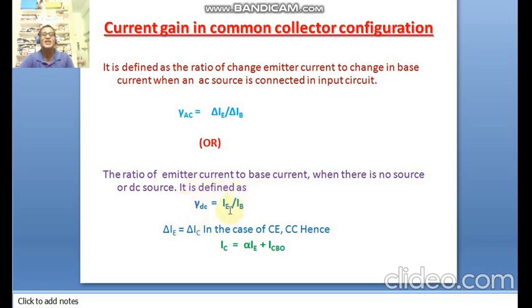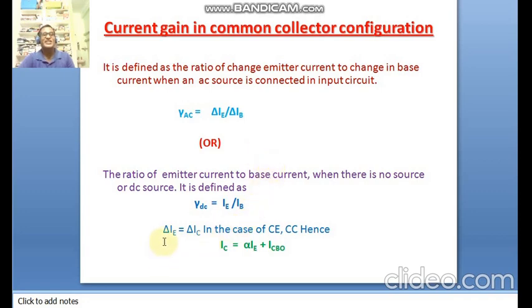Mathematically it can be written as IE by IB. So here gamma AC is defined as the ratio of change in the emitter current to the change in base current when an AC source is connected in the input. Or if there is no source, then it can be defined as the ratio of emitter current to the base current.